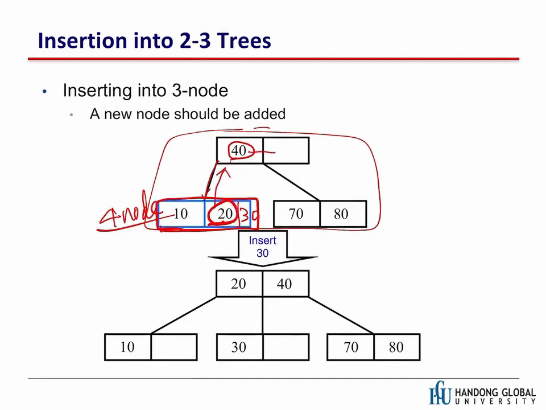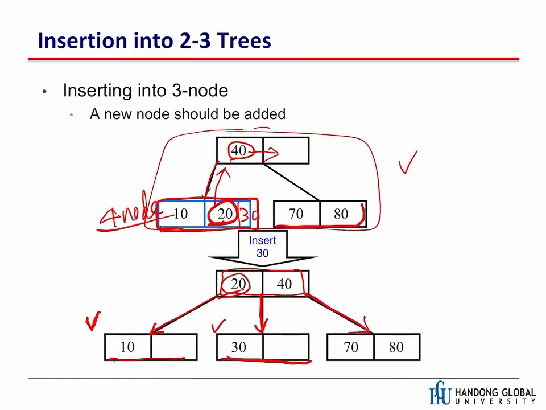When 20 goes up, then 40 should be shifted, and we have 20 and 40, and we have 10 and 30. So we have two nodes here, and the middle one is in the parent node, and this node is in the left subtree, and the 30 makes the middle subtree, and this one is the right subtree.